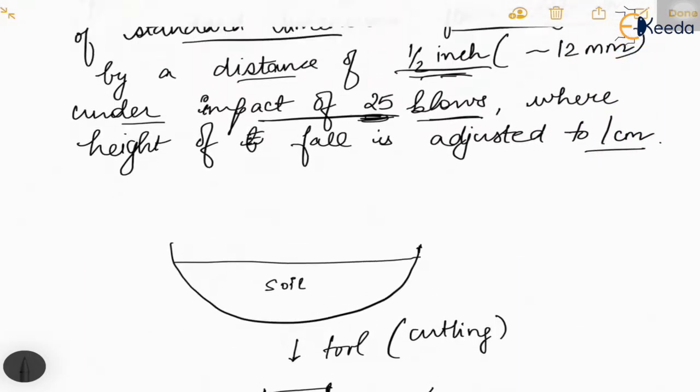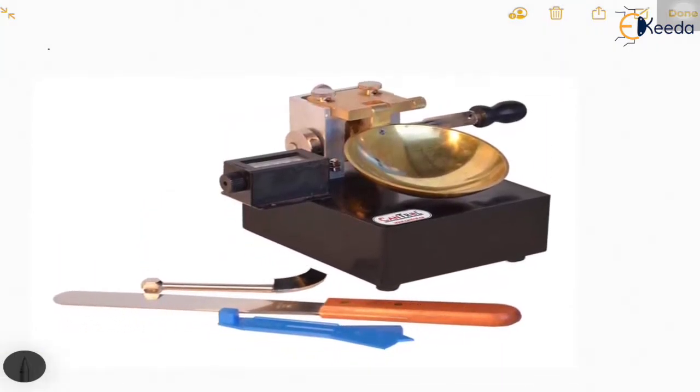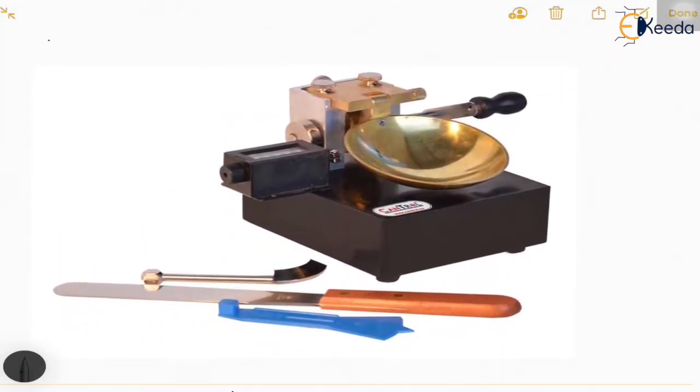Let us consider our diagram. Yeah, here it is. We need to note, if you remember, I discussed that the tapping of this bowl, which is tapped on maybe a wooden surface or a rubber base. So if this rubber base of this Casagrande apparatus is replaced by a metal base, just try to think, visualize what effect will take place.